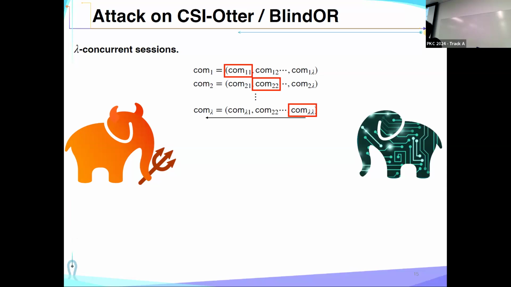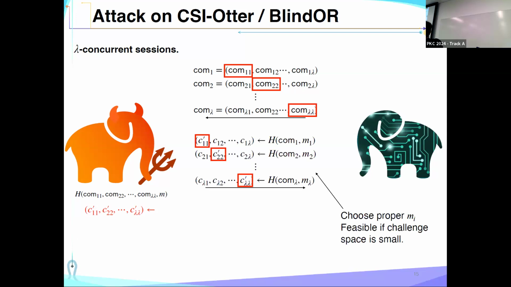To start lambda concurrent signing sessions, the user gets a bunch of commitments, right? And he cuts the entries on the diagonal. Next, he uses these entries together with a message to make a hash query. And the user carefully chooses this message, for example message 1, to get this commitment, until the first entry of the first challenge string is the same as here.